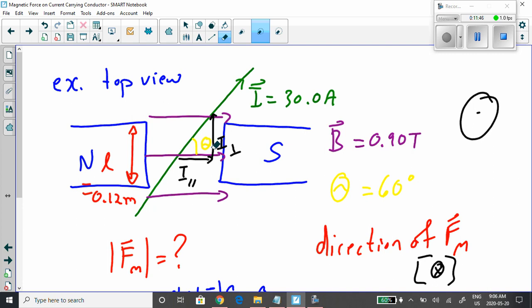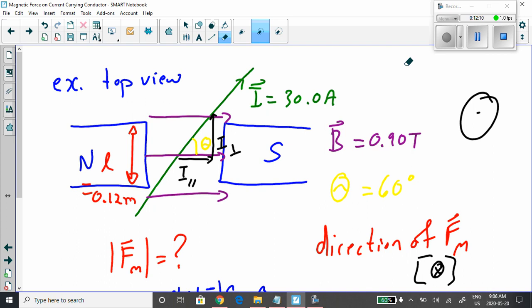We're going to ignore the portion that's parallel, because if you have a current parallel to the magnetic field, you don't get any force out of that. If you get a portion of the current which is 90 degrees to the magnetic field, you get maximum force. So let's deal with the portion that's perpendicular.